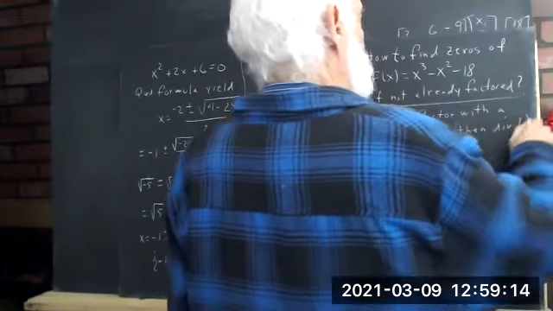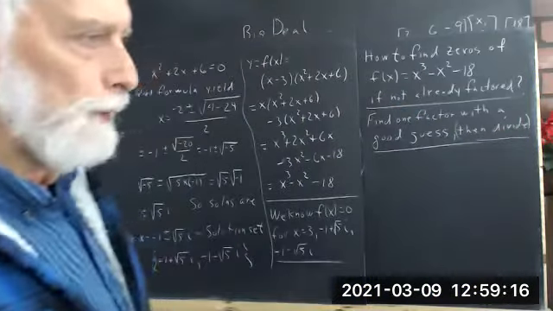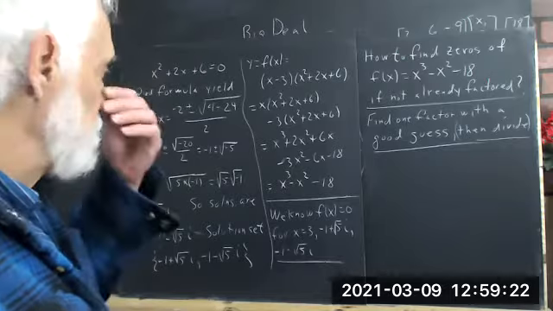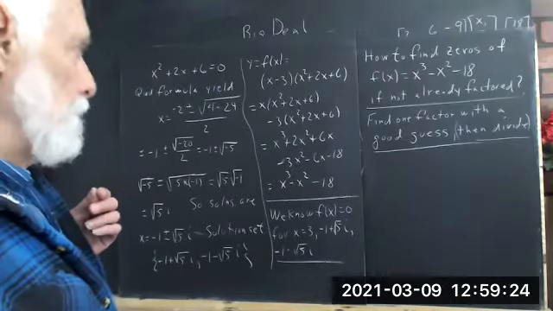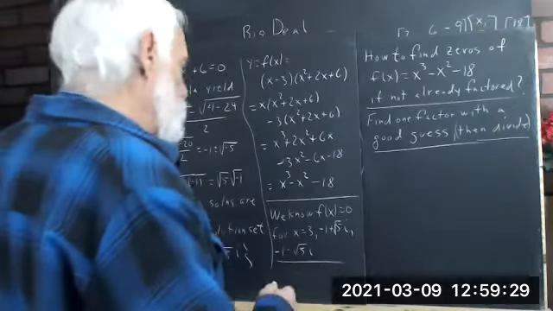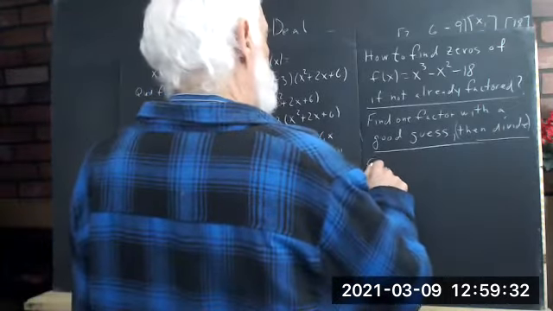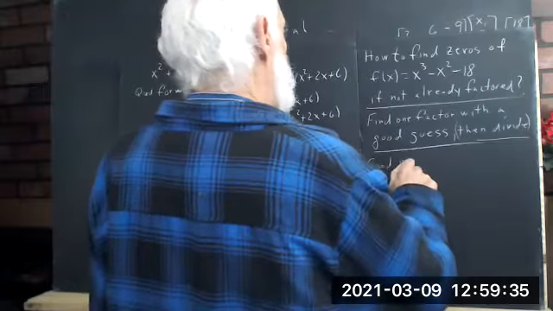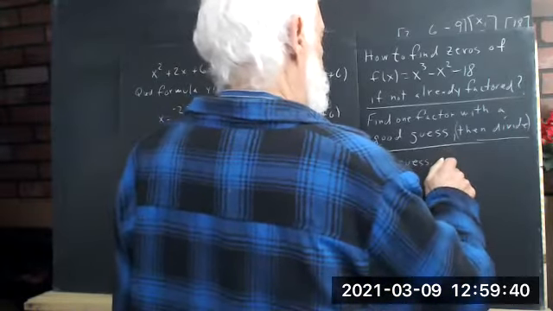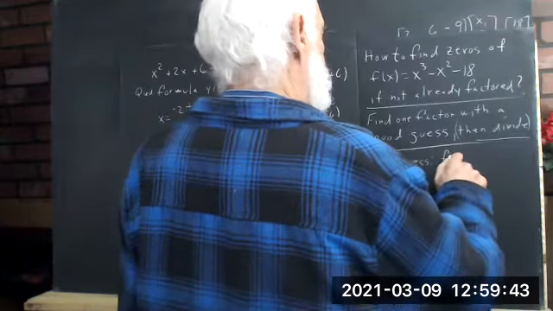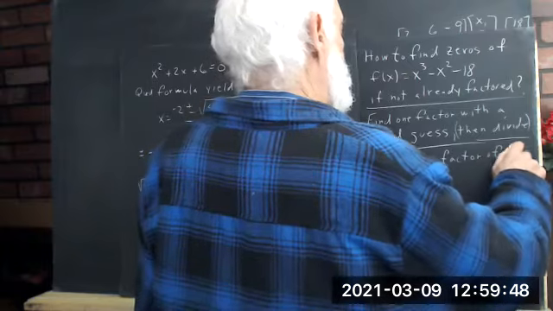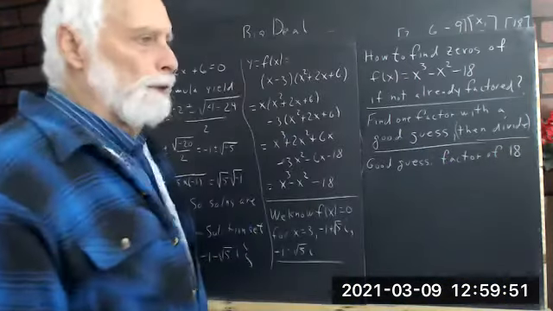Then divide, put that in parentheses because you don't know what that means just yet. A good guess would be a factor of 18.